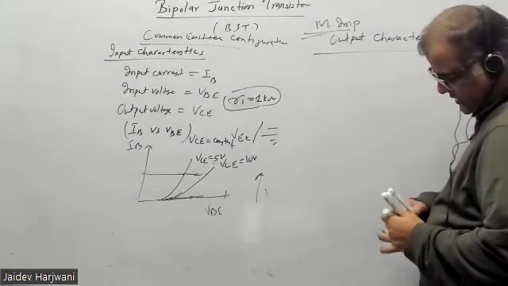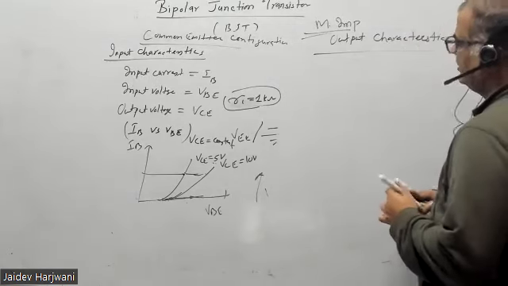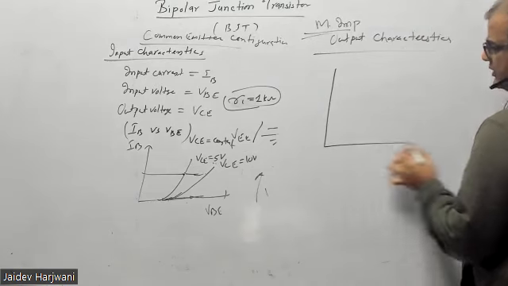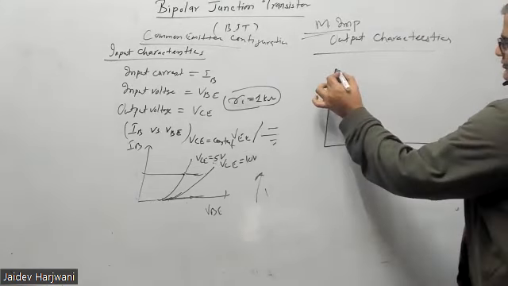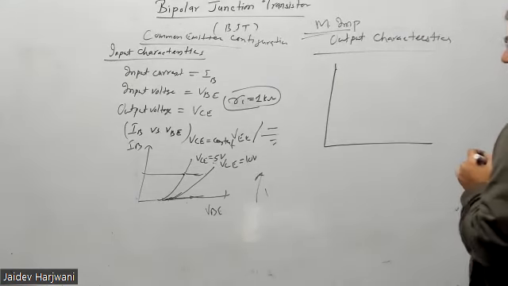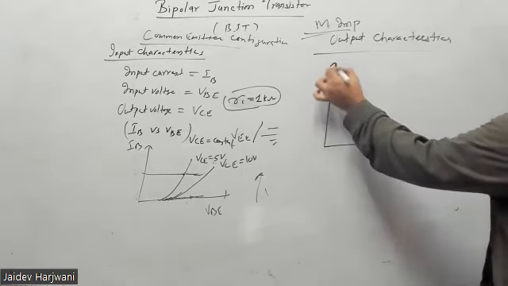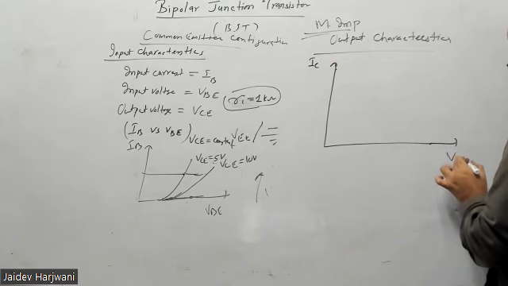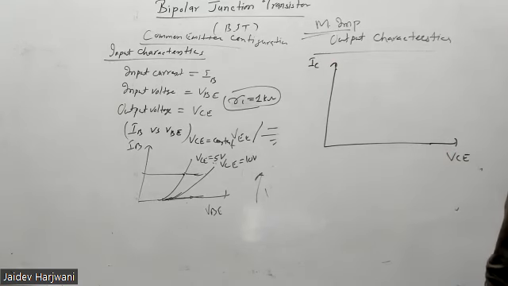Okay, let us understand. Same thing. Now here you plot IC. You have to apply VC.